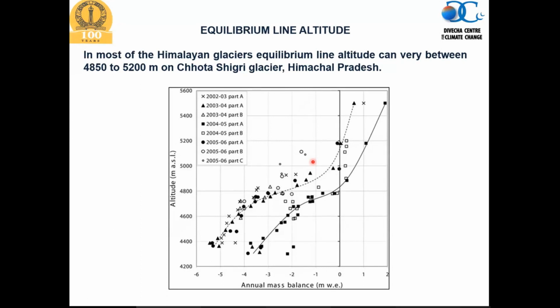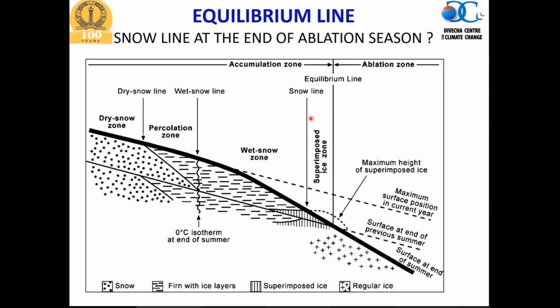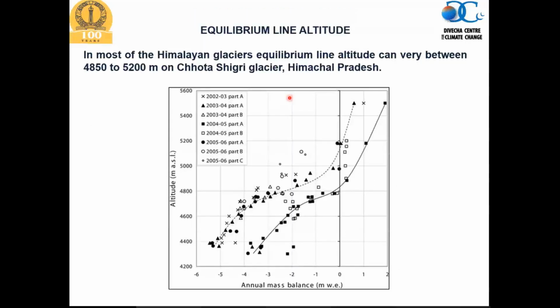If you apply this principle, it means that if you can identify the snow line at the end of summer, then this becomes the equilibrium line. That is the idea. But there are other ways in which people have tried to interpret or estimate the snow line.